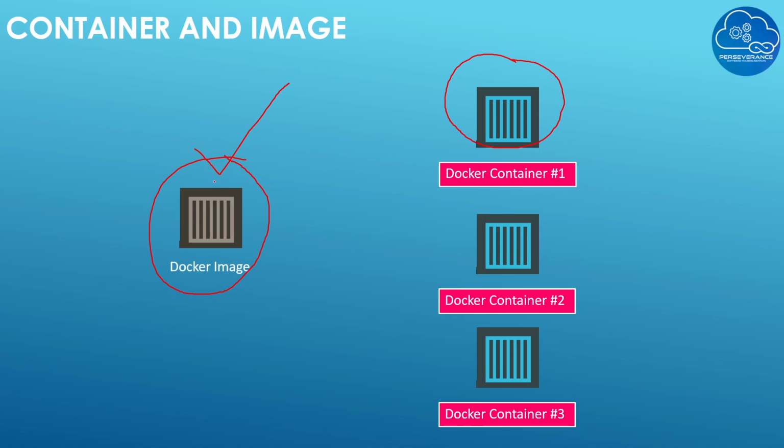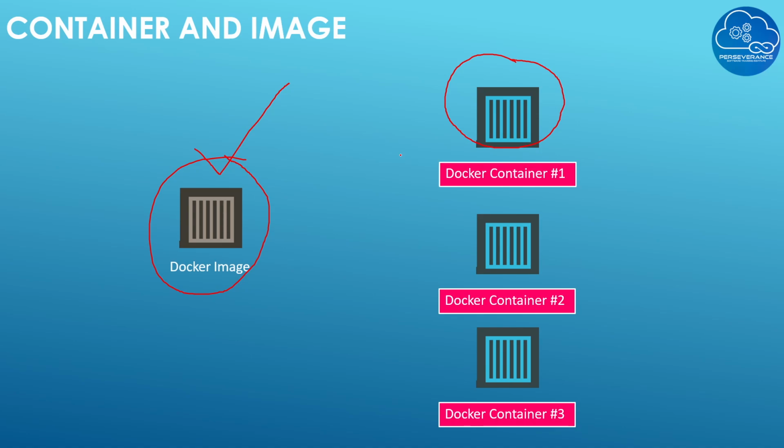These two are completely related, so without a Docker image we cannot create a container. I would say a running instance of an image is a container. We basically run an image which creates a container for us.